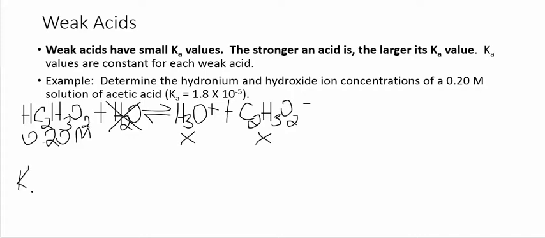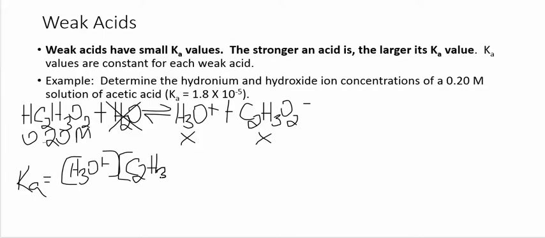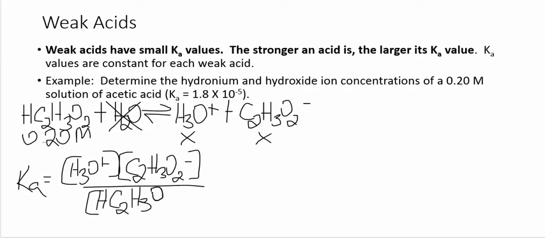Ka expression looks like this for the weak acid. Products divided by reactants. So H3O times acetate over acetic acid. Plug in our numbers. Ka is 1.8 times 10 to the negative 5.